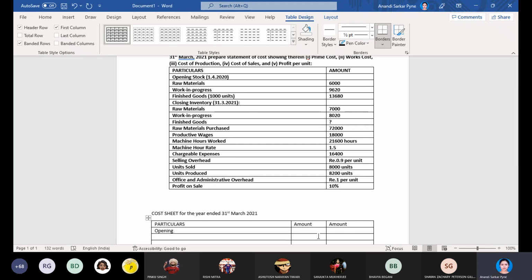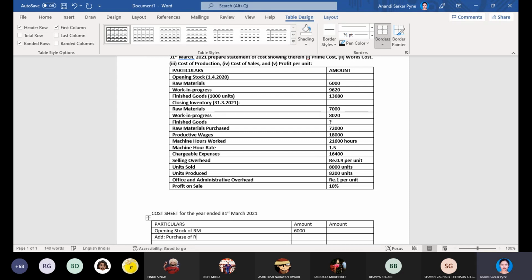So opening stock of raw material is 6,000, and we generally add opening stock, add purchase, less closing stock. So add raw material purchase, which is 72,000.